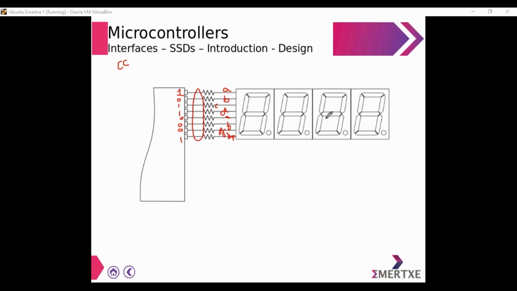So displaying different data on different SSDs is not at all possible if the connection is made like this. Now how to solve this problem? This problem can be solved by having 4 different control lines.